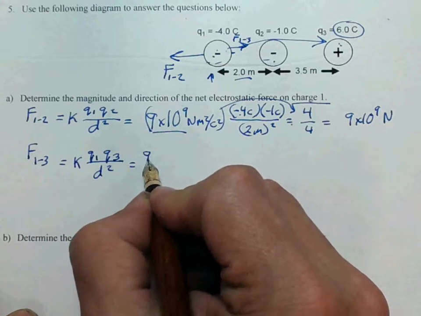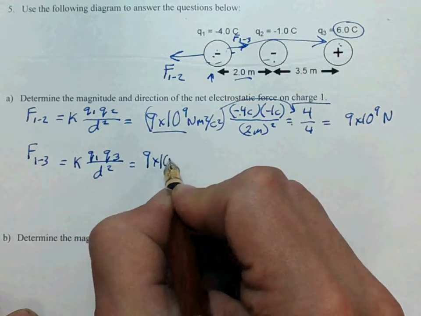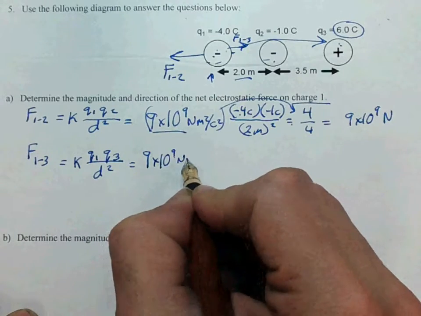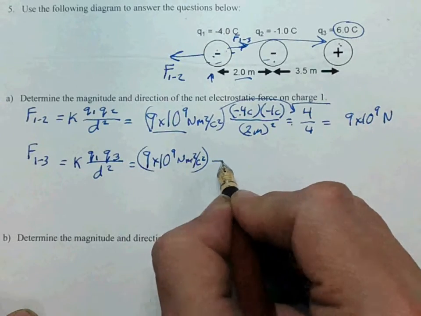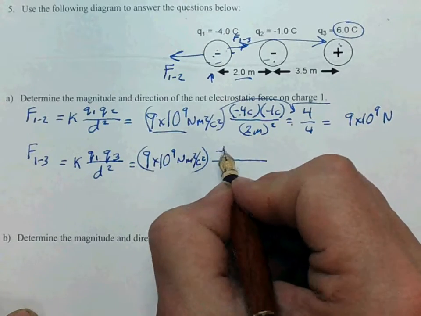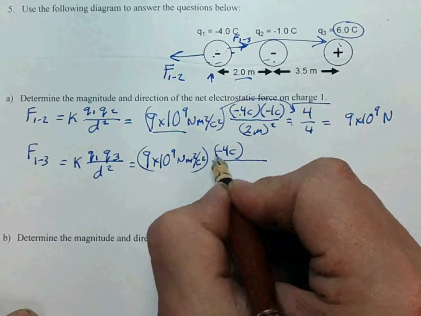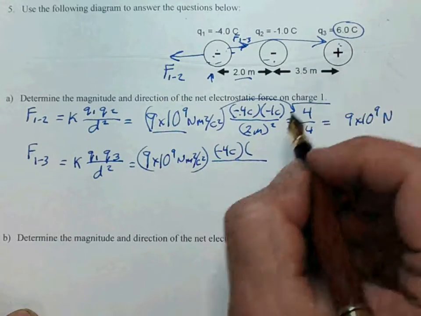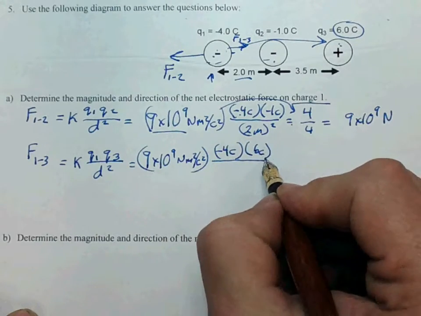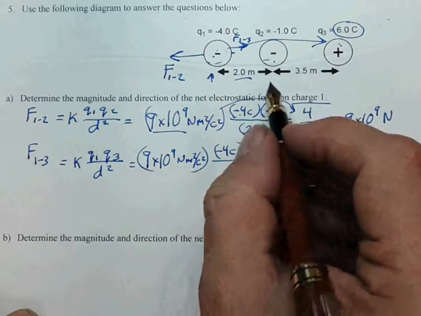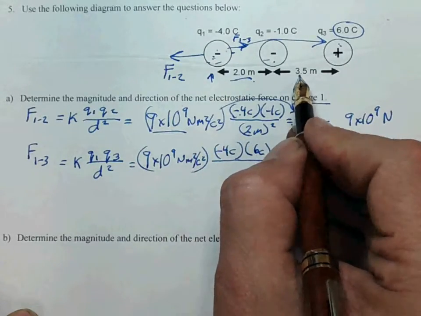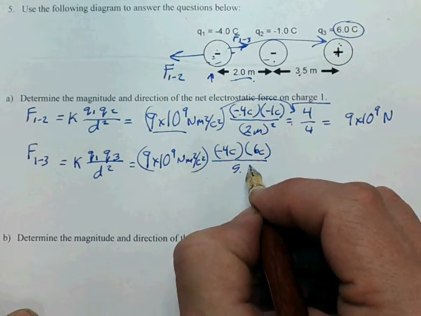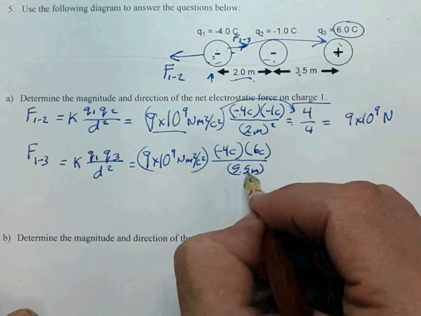So that's equal to 9 times 10 to the 9th Newton meters squared per Coulomb squared times our negative 4 coulombs times our value over here, 6 coulombs, divided by the total distance. So the total distance from 1 to 3 is 2 meters plus 3.5 meters. So that's 5.5 meters quantity squared.